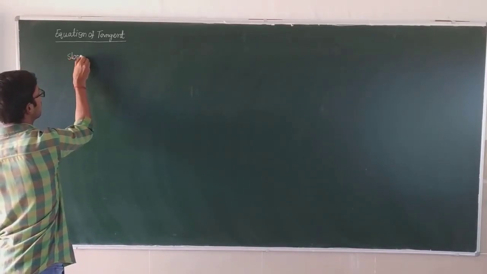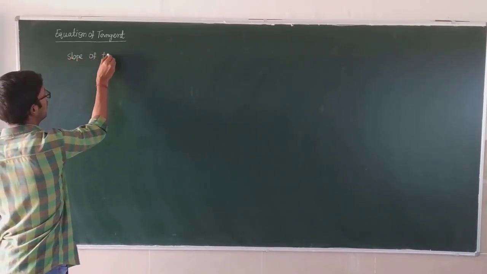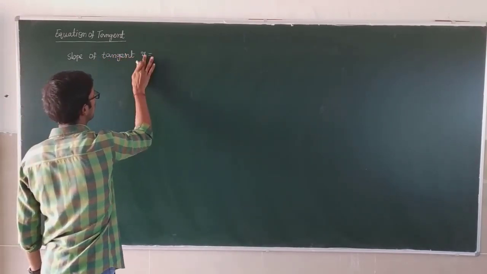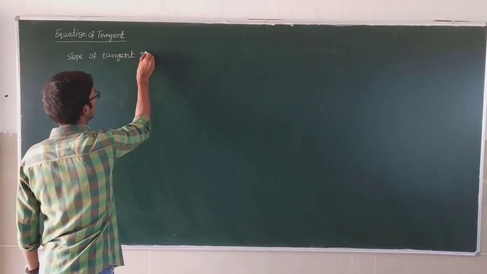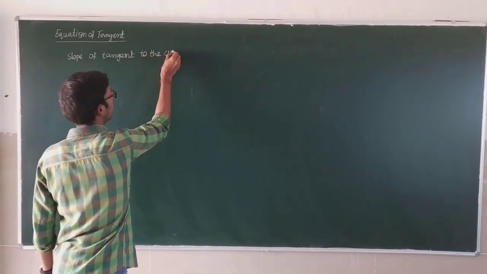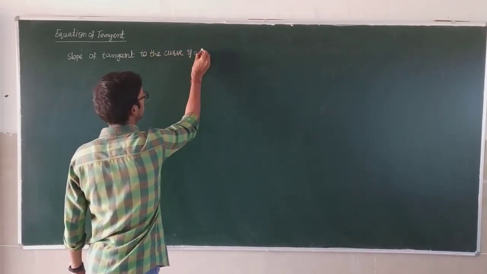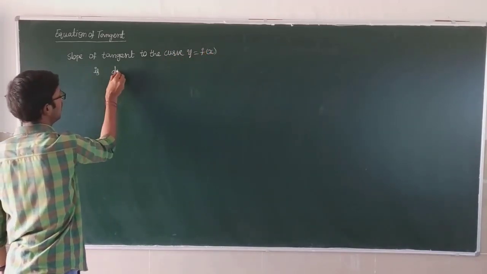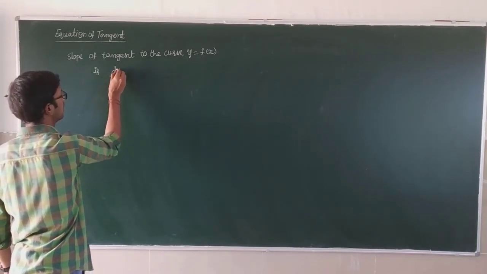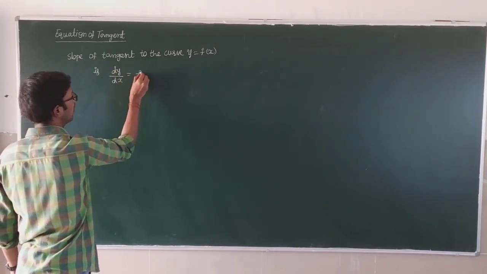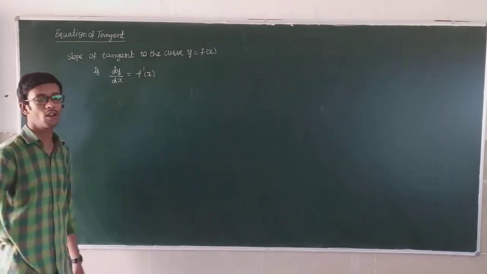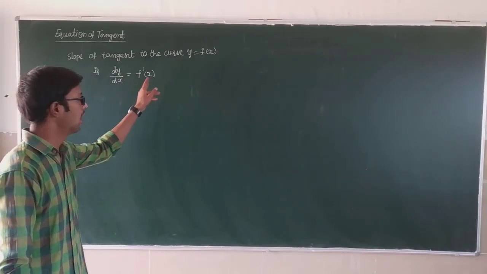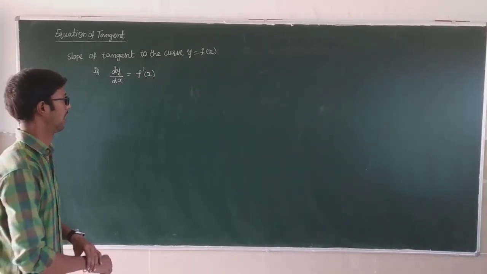Slope of the tangent to the curve y is equal to f of x is dy by dx, which is f dash of x. The slope of the tangent is dy by dx, or we can also write f dash of x.